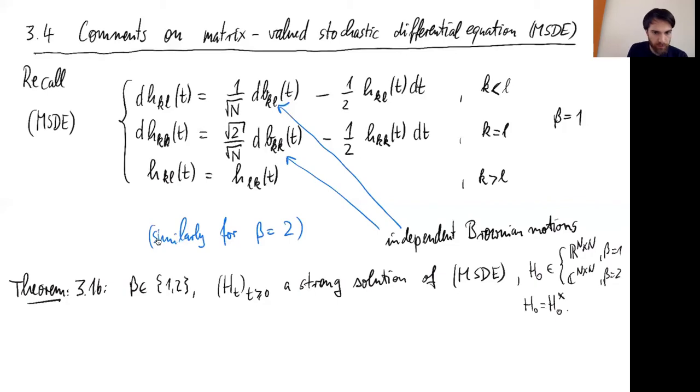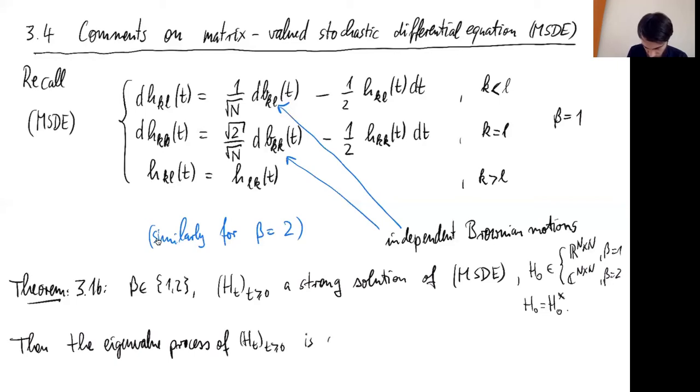And then the conclusion is that the eigenvalue process associated with this H_t is a weak solution of this DBM equation, that we already looked at for a few times, that we looked at the whole last weeks, right?